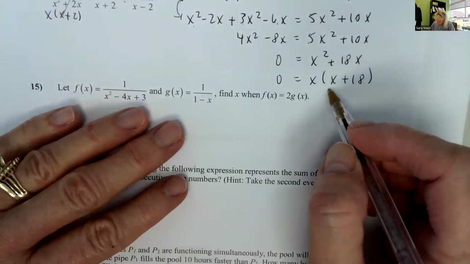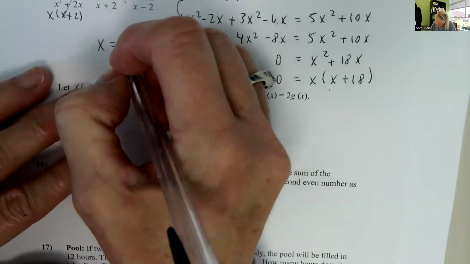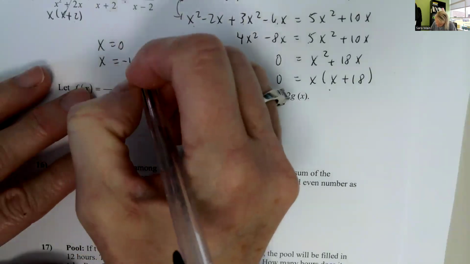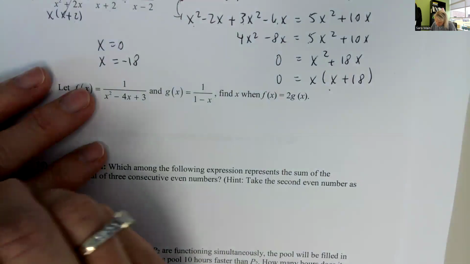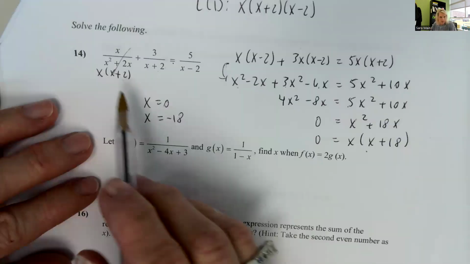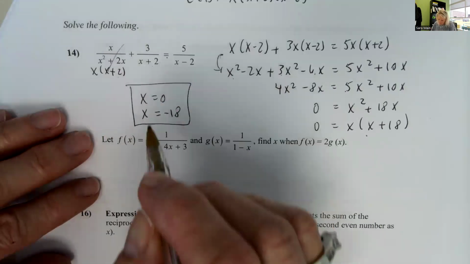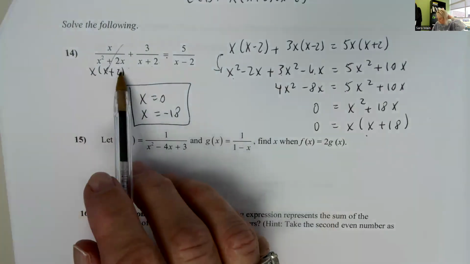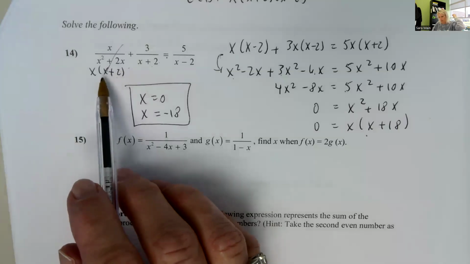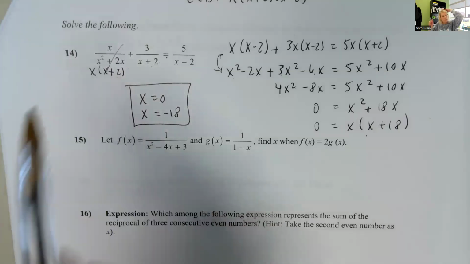And so x can equal 0 or x can equal negative 18. I think either of those will be fine because they're not going to cause a denominator with 0, which would cause it to be undefined.